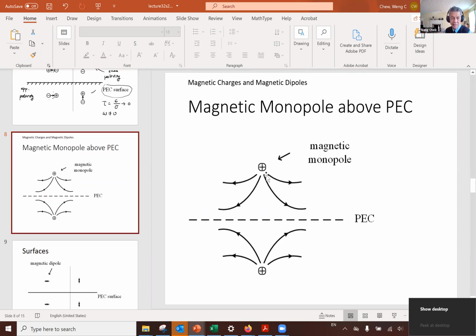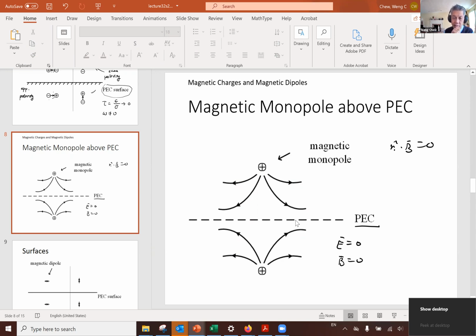Okay. This is a tricky case because there are no magnetic charges. This is one fundamental thing that we know. And another fundamental thing that we know is that if we have a PEC, n dot B has to be 0. Because if we have a PEC, it has to be such that E has to be 0 inside the PEC, and B has to be 0 inside the PEC.